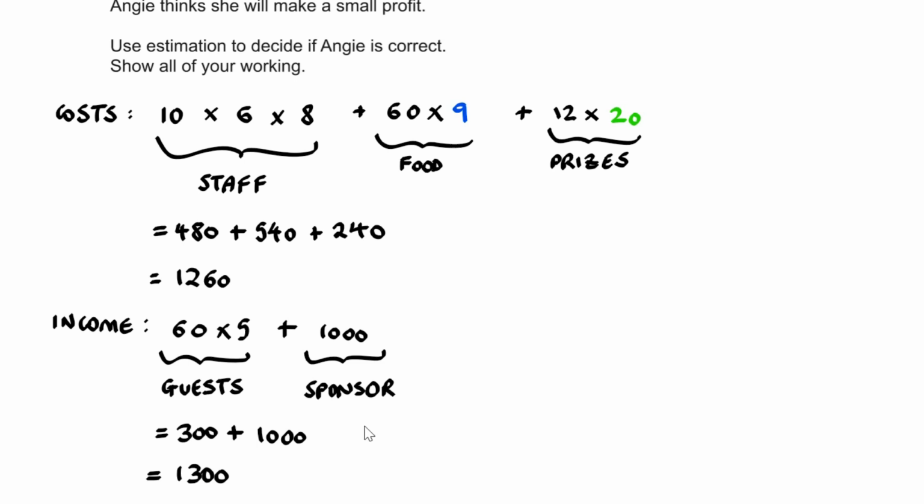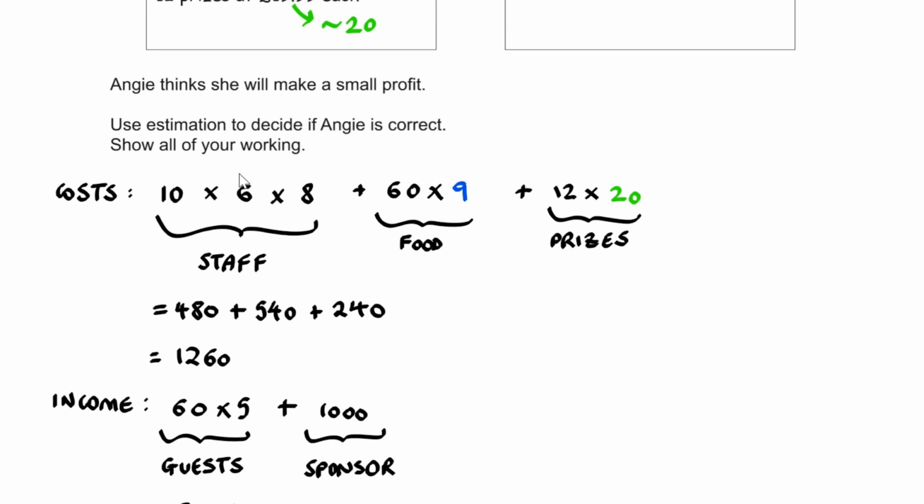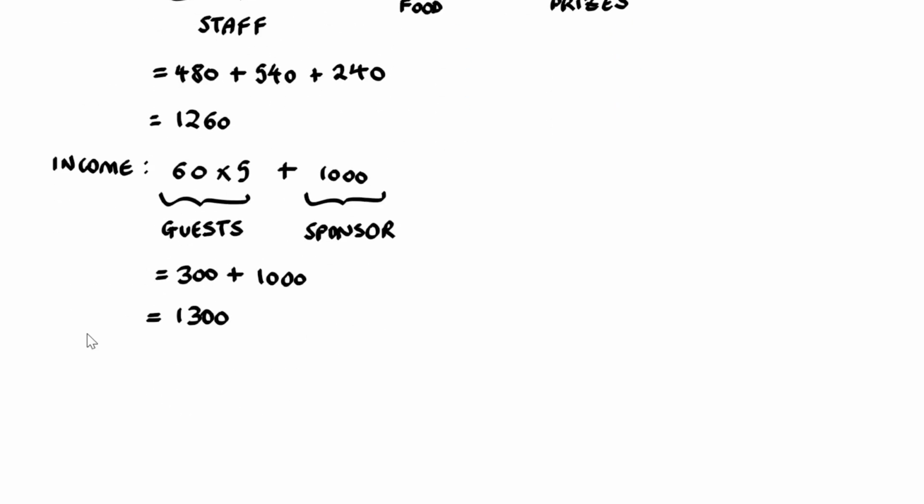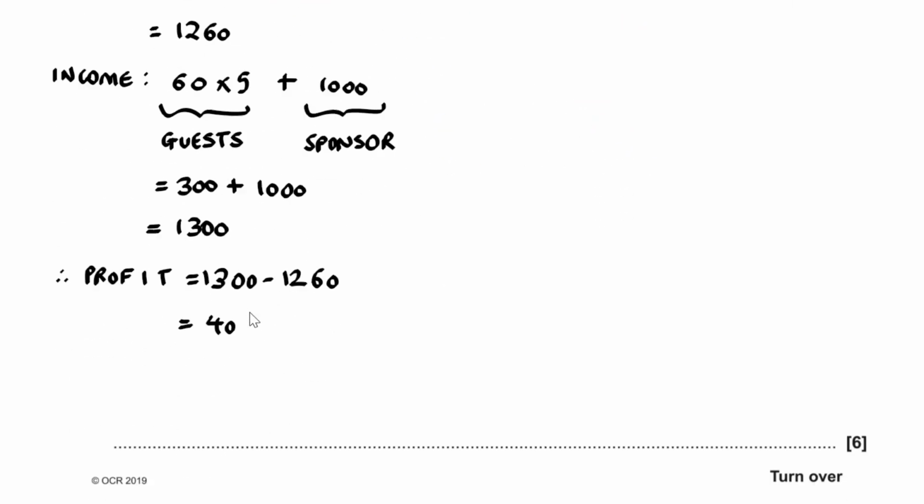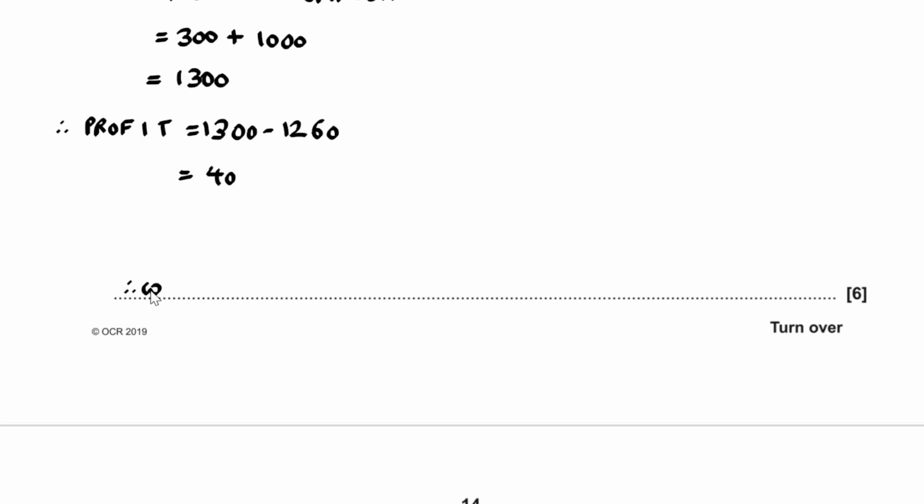And therefore, what you can see here is the small profit, that's equal to 1,300, take away the 1,260, which is equal to 40. So therefore, what you can see then is, indeed, she is correct.